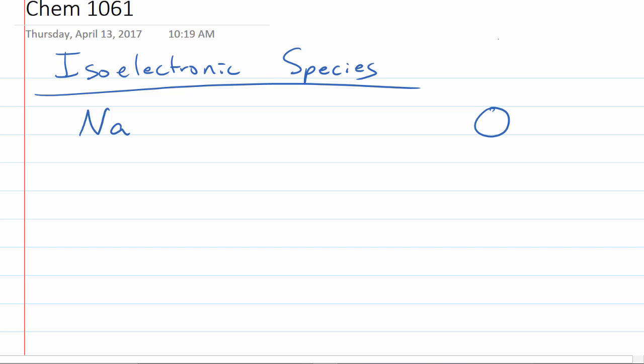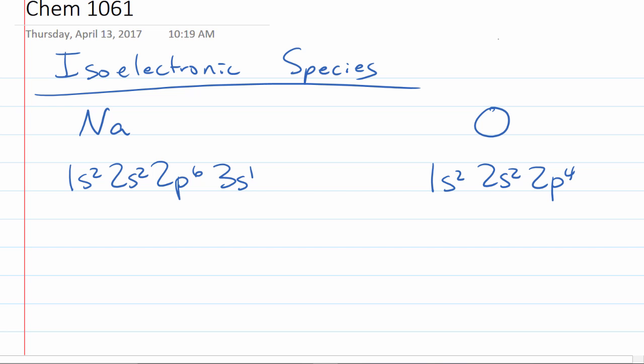So sodium has the electron configuration of 1s2, 2s2, 2p6, and it's going to end with 3s1. If we go to oxygen, its configuration is going to be 1s2, 2s2, and 2p4.